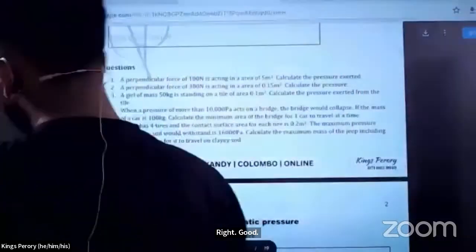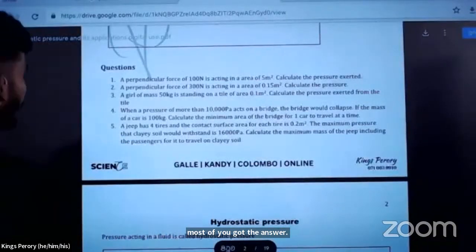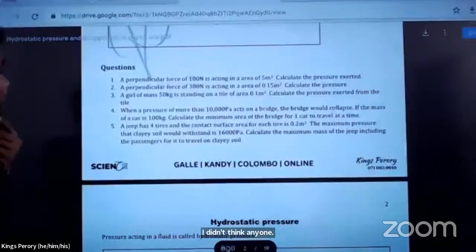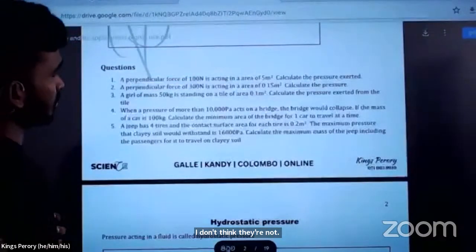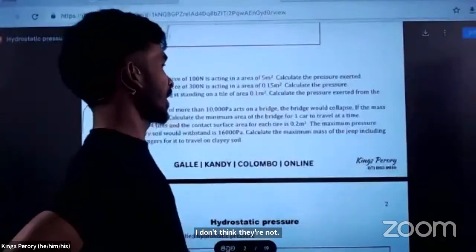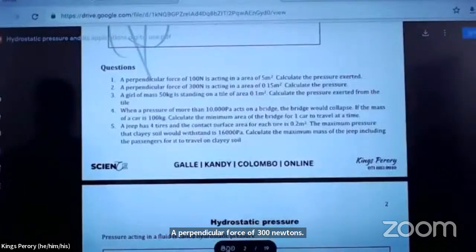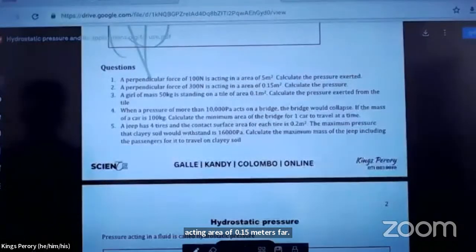I'll do the second one. A perpendicular force of 300 Newton acting on an area of 0.15 meters square. 300 Newton, 0.15.